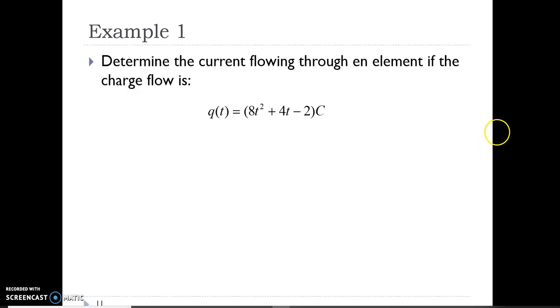Okay, so for this example 1, you were asked to find the current flowing through an element if the charge given is 8t squared plus 4t minus 2. So, if you recall, you were asked to find current and given charge.